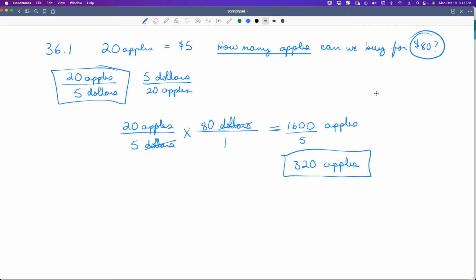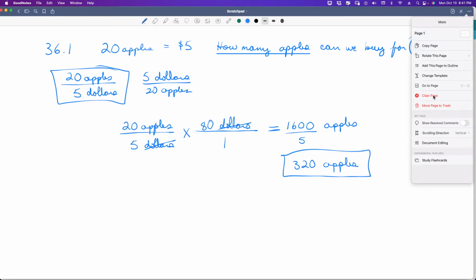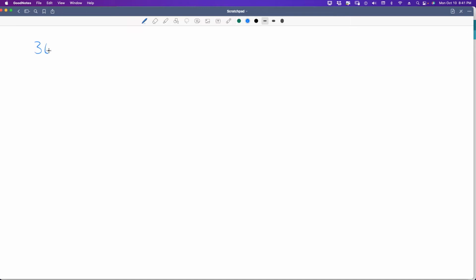Okay, so now let's look at 36.2. I'm going to clear this. 36.2 says the same thing. We have 20 apples, and we can get 20 apples for $5.